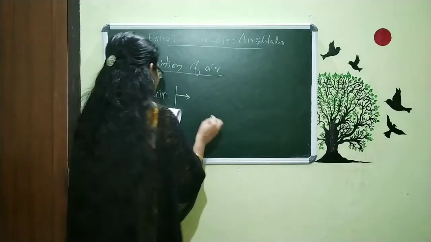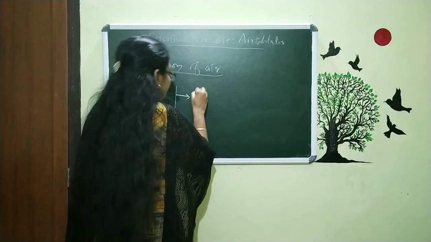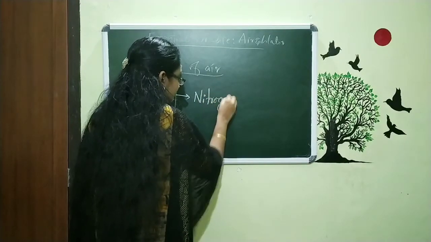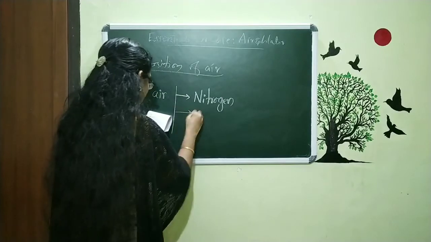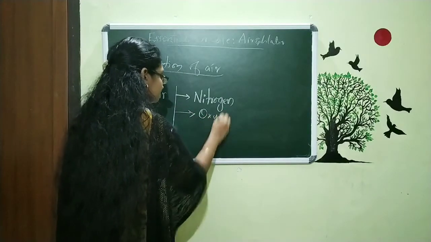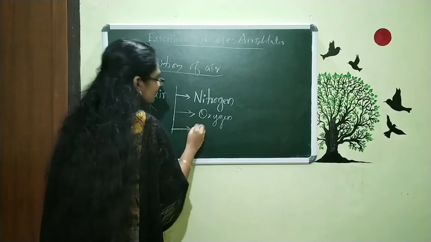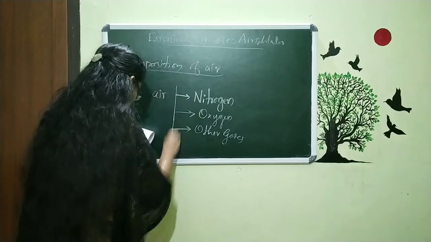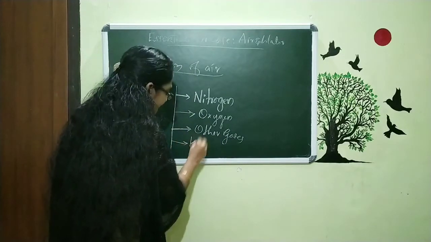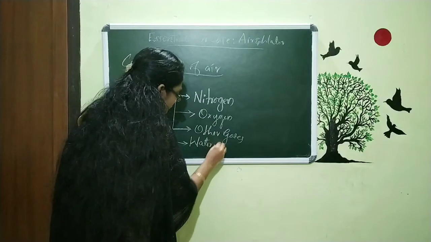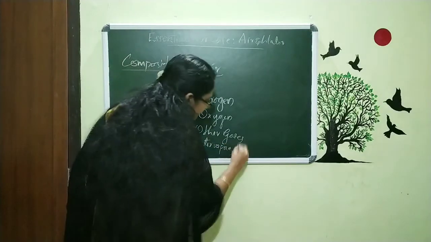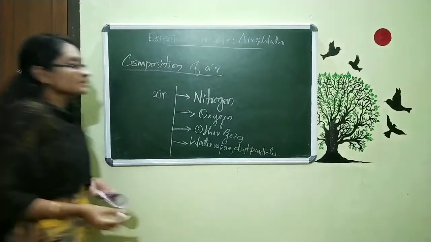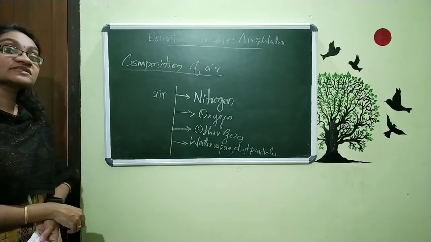So, we can say here the air is composed of nitrogen, the second thing is oxygen, next is some other gases, water vapor, dust particles, etc. So, these are the composition of air.